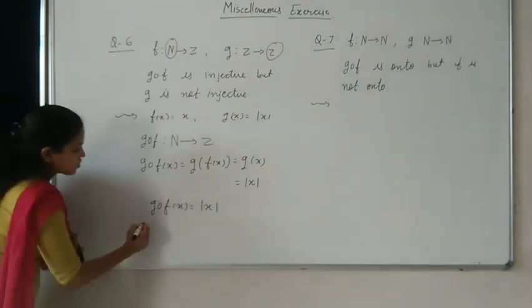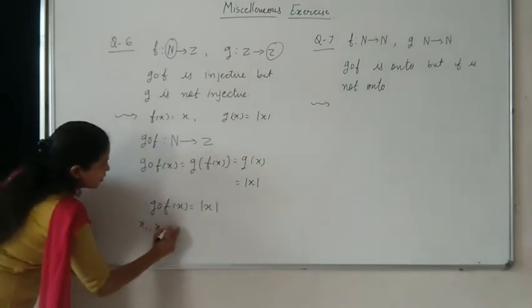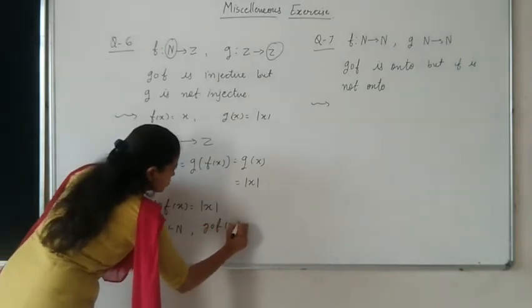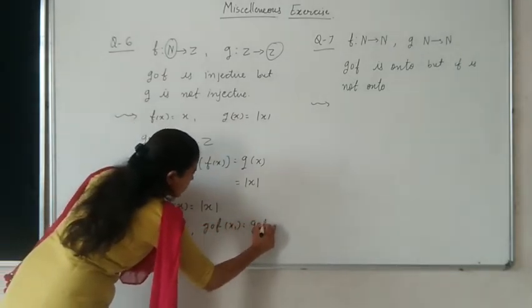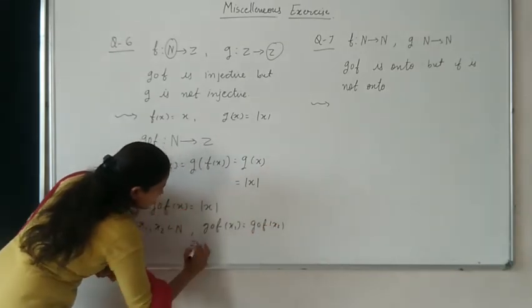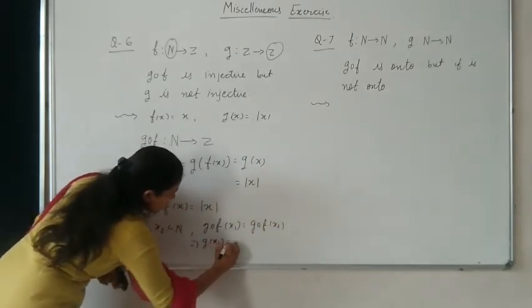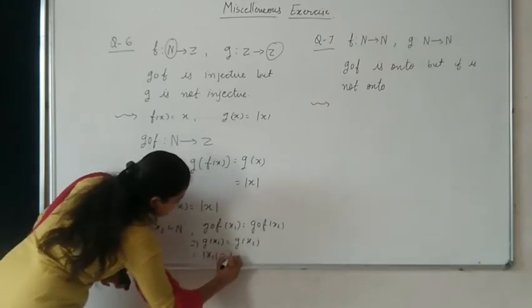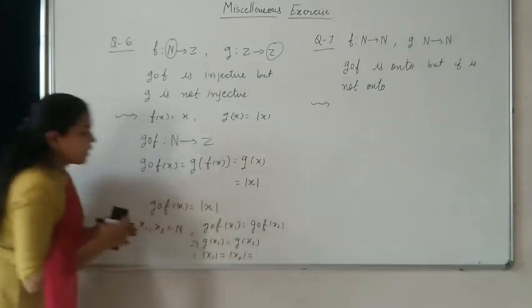We can also show it here: take x1, x2 belonging to N and take g of f of x1 equal to g of f of x2, that is, modulus of x1 equals modulus of x2.